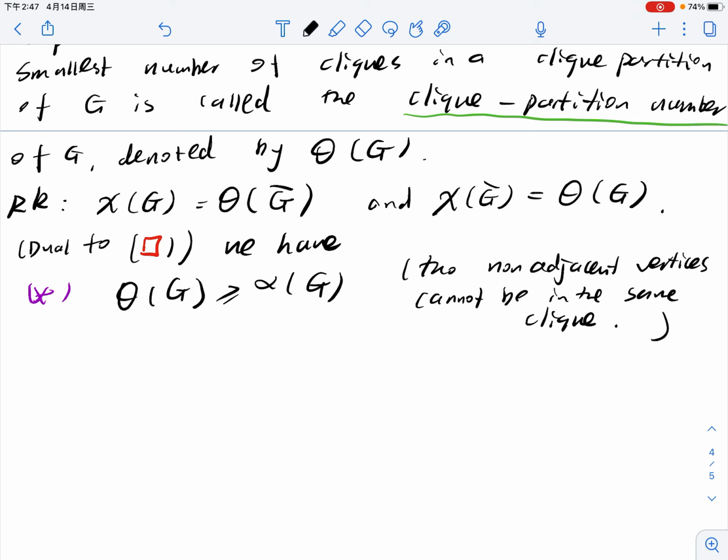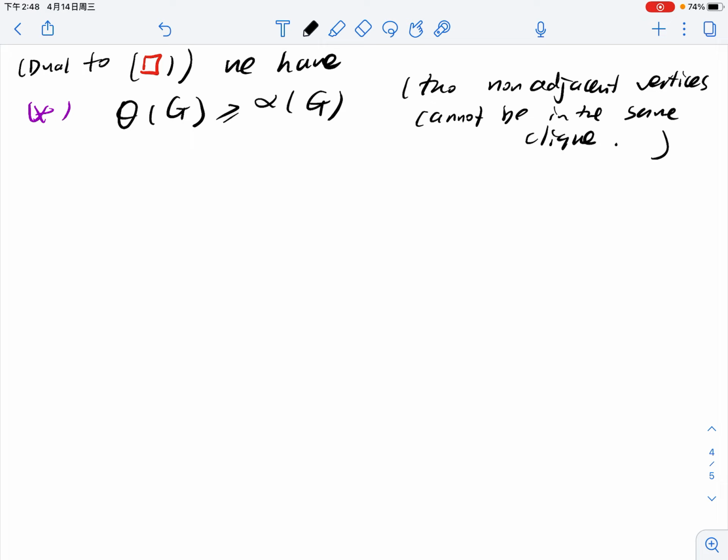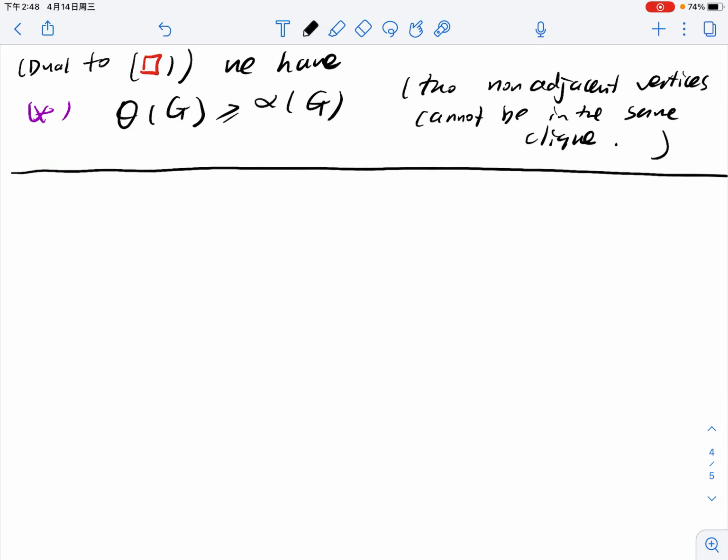So for an independent set, each vertex should be in a different clique. So the clique partition number should be at least the independence number. By converting a graph to its complementary graph, we can formulate the vertex coloring in terms of the clique partition.